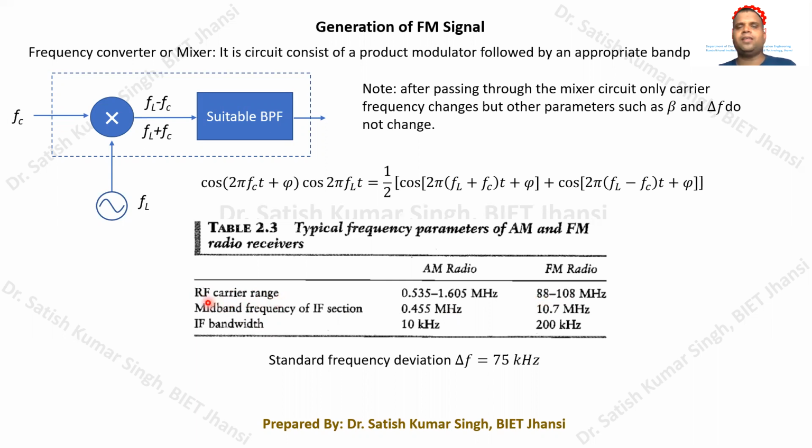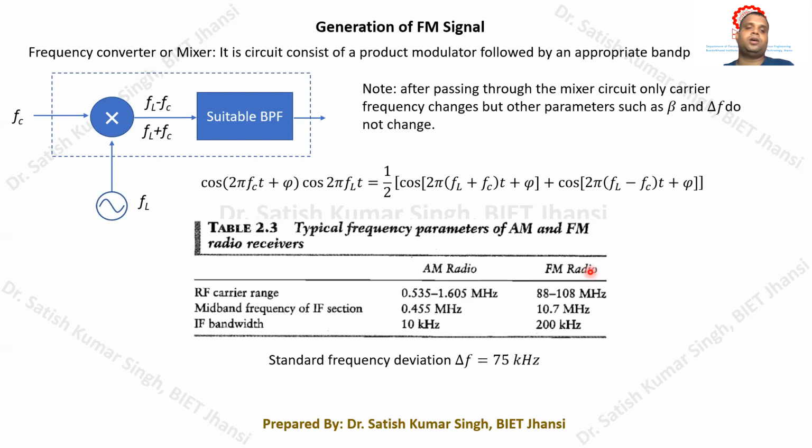First of all, we should know what carrier frequency we use for transmission of the FM or AM signal. Similarly, for AM radio, this frequency varies between 535 kilohertz and 1605 kilohertz. So these are the typical carrier frequency ranges we use for different radio stations.